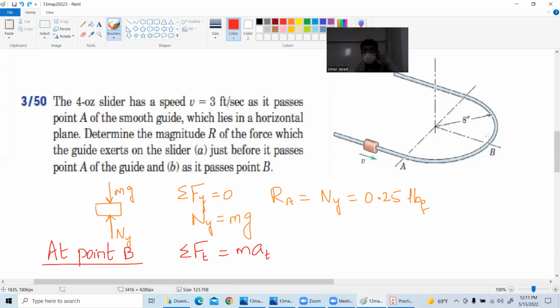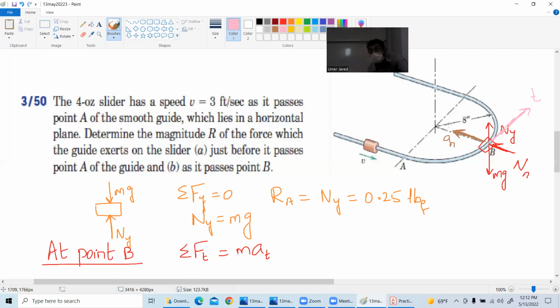At B, we have mg, then we have Ny, then we have Nn, then we have an, using a different color, since the kinetics diagram is also included. Most important, tangential is in this direction and normal is in this direction.